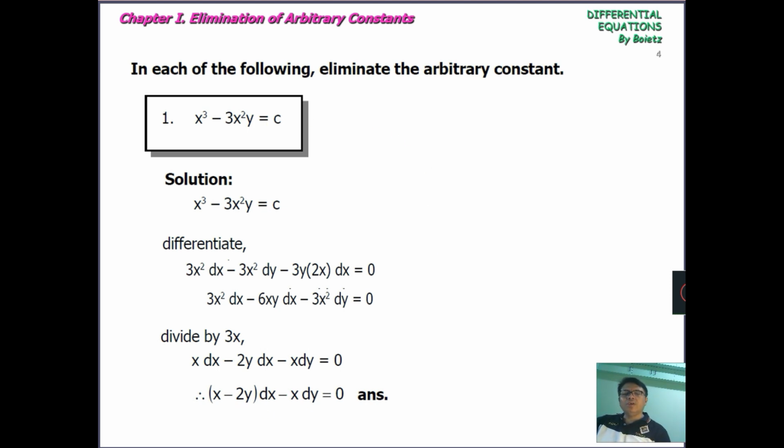So, one way of getting the differential equation is by elimination of the arbitrary constant.